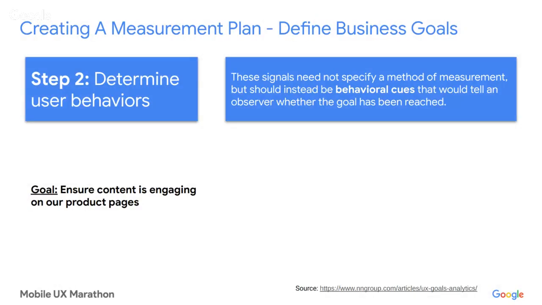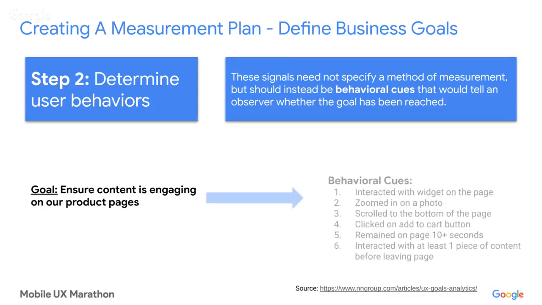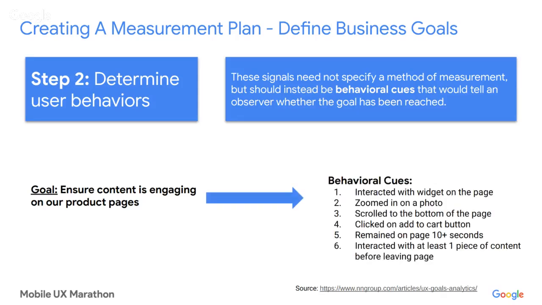Step 2 is define behavioral cues that will allow the team to understand if the goal is being met. These can be any action that a user might take on your site or page. You can see here that we have paired our goal with 6 behavioral cues that will allow us to understand if we are closer or further away from reaching our goals, depending if these cues increase or decrease.